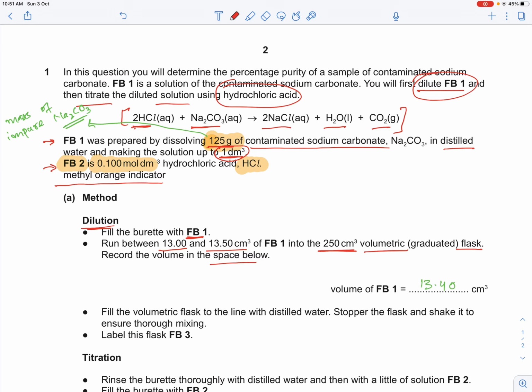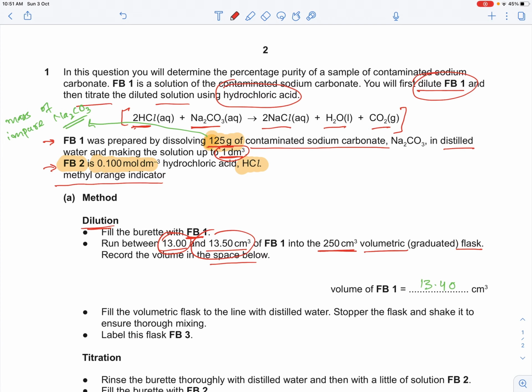So you fill the burette with Fb1, place a volumetric flask at the bottom of the burette, and take around 13 to 13.50 cm cube of Fb1.